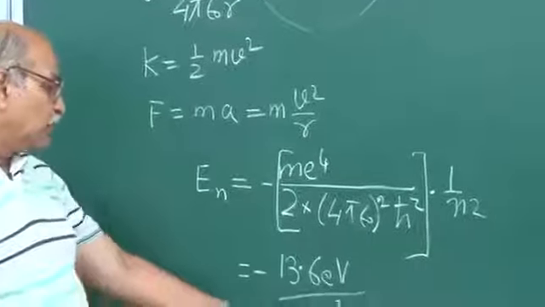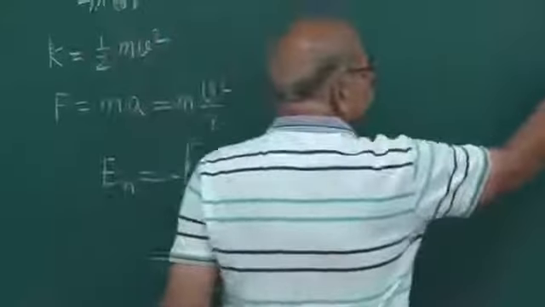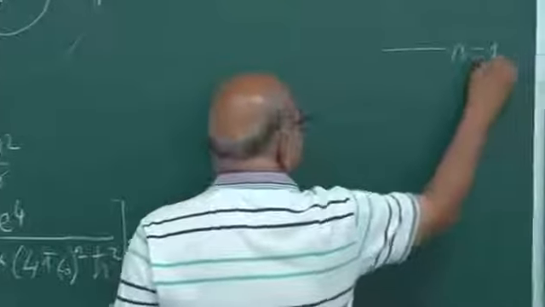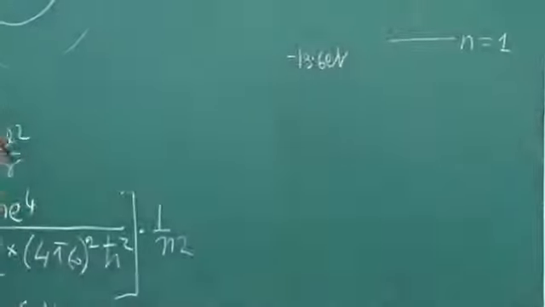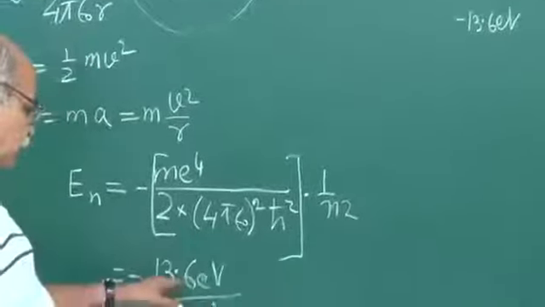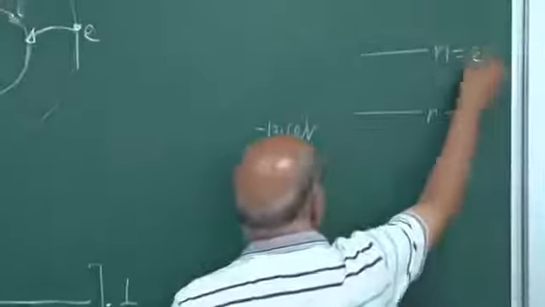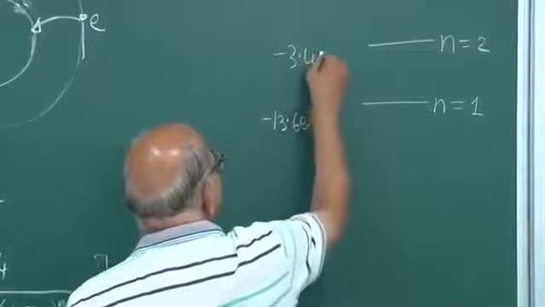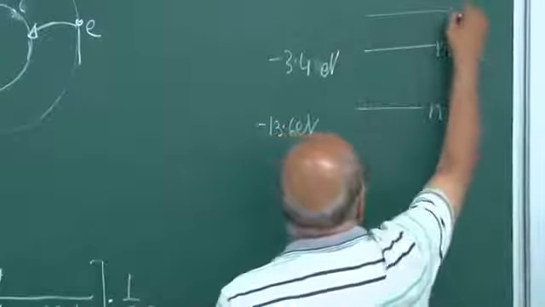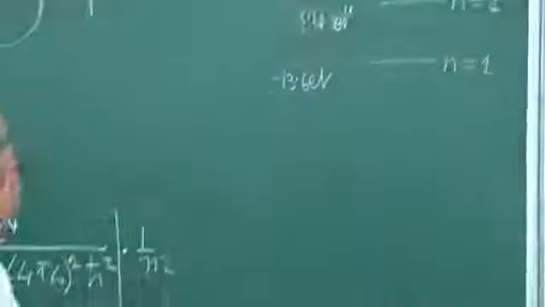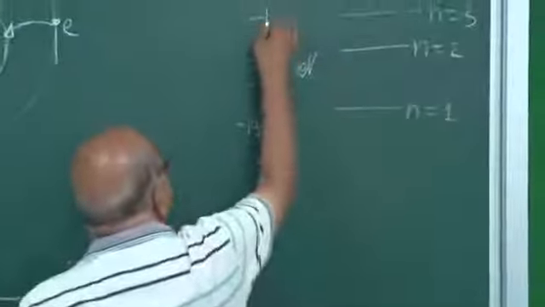So n equal to 1, you have energy minus 13.6 eV. N is equal to 2, it will be divided by 4, so n is equal to 2 is minus 3.4 eV. N equal to 3 will be this divided by 9, so it is something like minus 1.5 eV.